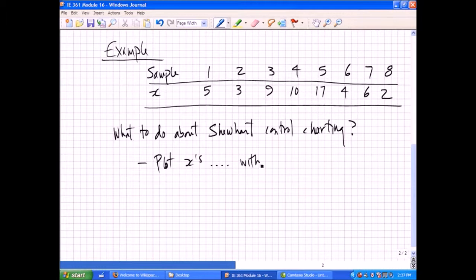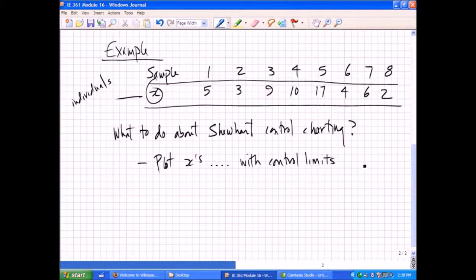Well, those individuals, so this is x, this is individuals, you could think of them as x bars based on samples of size 1. That is, if I only have one observation, I add up one thing, I divide by 1, I have an x bar.